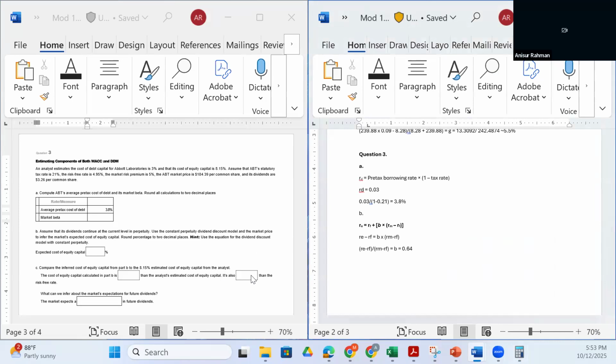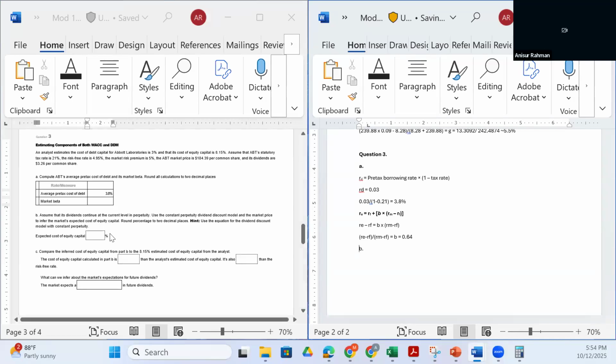Now this was also under part A. Now for part B, assume that its dividends continue at the current level in perpetuity. Use the constant perpetuity dividend discount model.